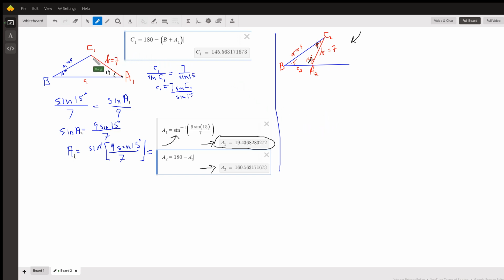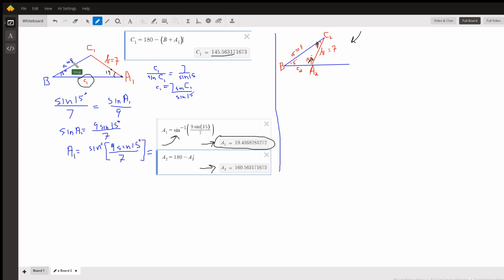And by the way, to finish solving the first triangle, this angle, big C sub 1, is 180 minus the sum of these two acute angles. And it turns out to be 145. So if you want to find the side opposite C sub 1, little c sub 1 is to the sine of the angle C sub 1 as 7 is to the sine of 15.